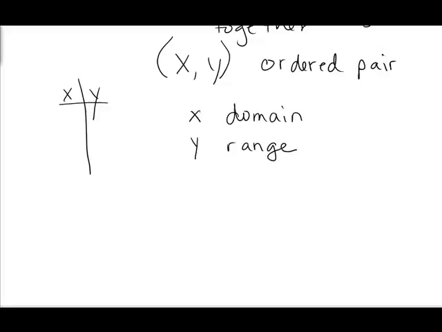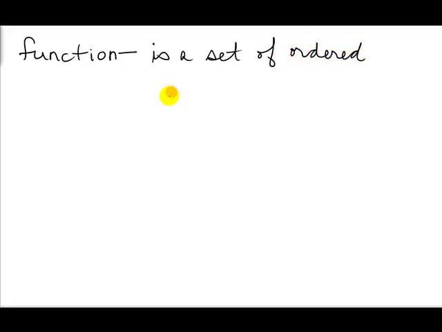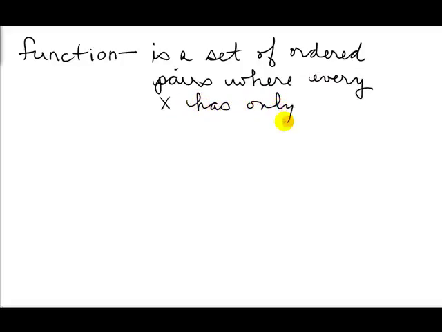We've talked about function notation, but let's talk about what a function is. It is a set of ordered pairs where every x has only one y.